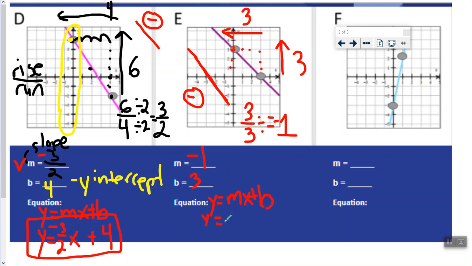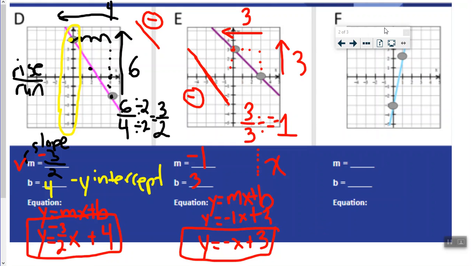And then y equals -1x plus 3. And remember, just like last time, we don't have to put a 1 there because there's already an imaginary 1 there. So you can just write y equals -x plus 3. That's the equation of this line.